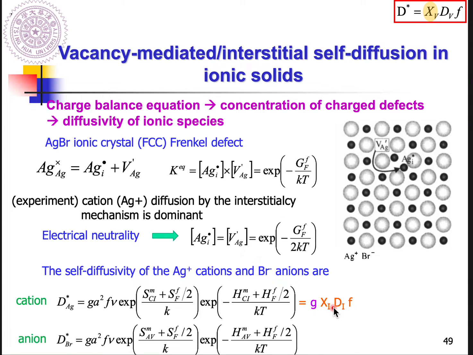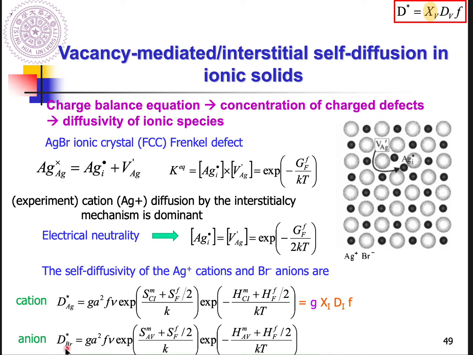Because the silver obeys the interstitial diffusion mechanism, it would be X_i, the atomic fraction of silver at interstitial sites, times D_i, the diffusivity of these interstitials, and the correlation factor.